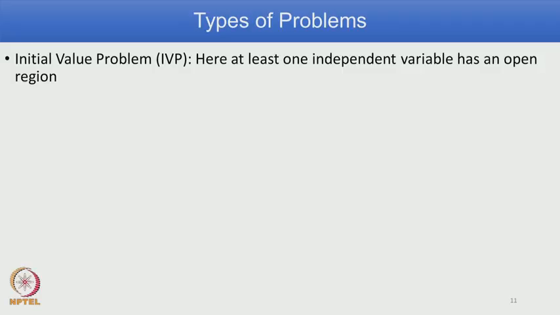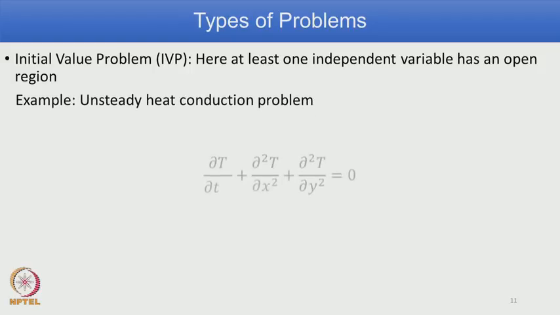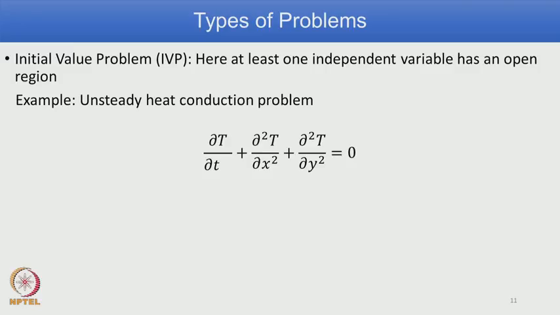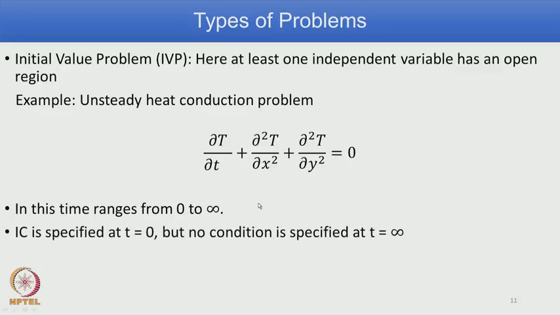The next category is the initial value problem. Here at least one independent variable has an open region. Example, unsteady heat conduction problem, the same equation that we had seen before. If you add the time derivative, it becomes an unsteady heat conduction problem, and we know it is parabolic in nature, and the time goes from 0 to infinity, and we specify a temperature value.